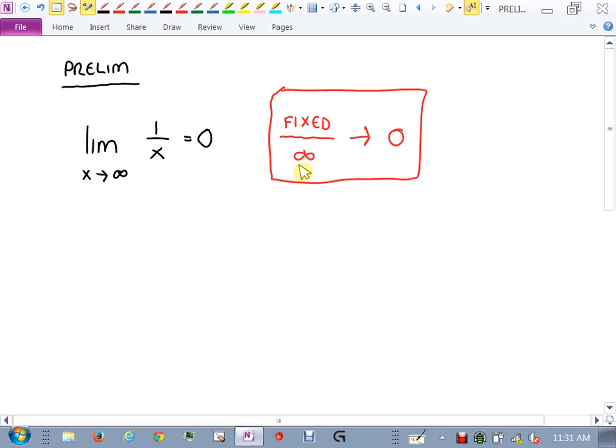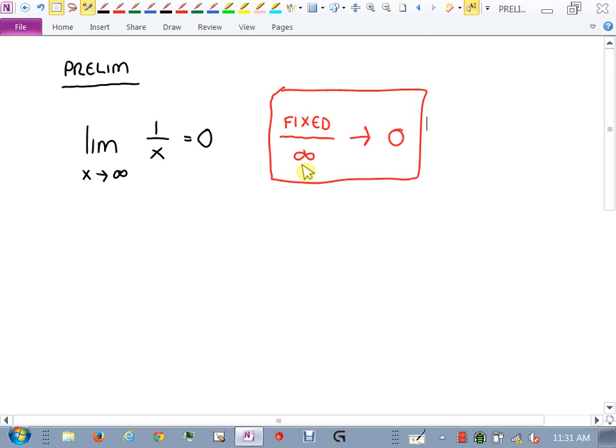I cannot plug infinity into something, right? But do we all understand that this actually means I'm letting the denominator get larger and larger and larger and larger, okay? Yes? We all agree? Because that's the notation I'm going to use in here. I'm going to actually write infinity, but we all have to understand that what I mean is I'm letting that thing go to infinity.